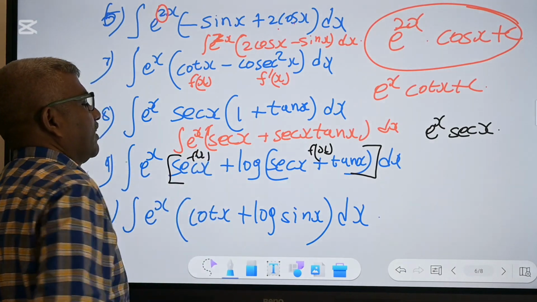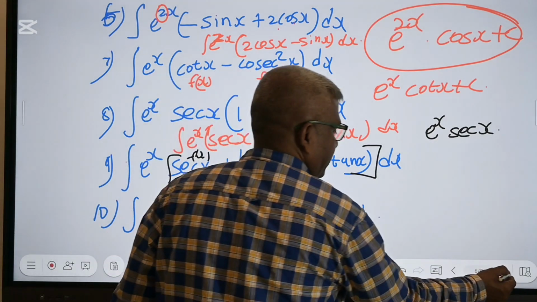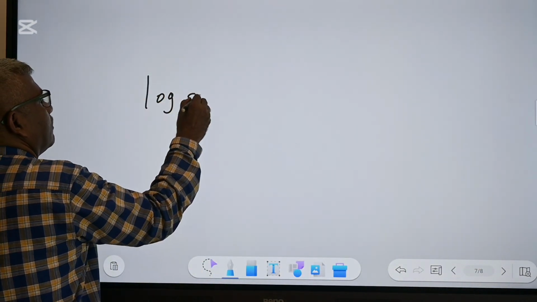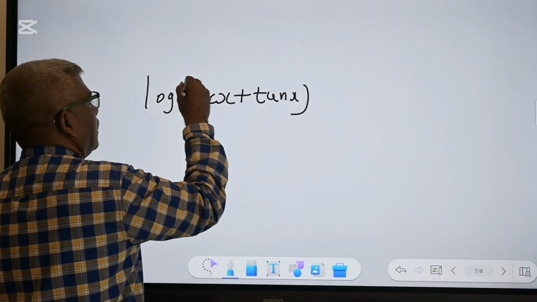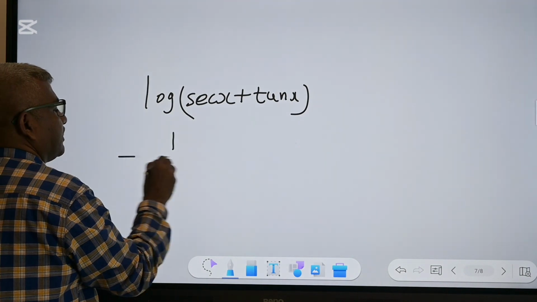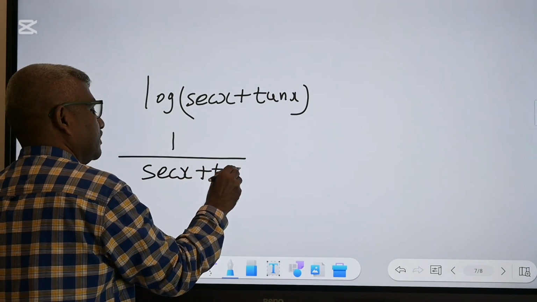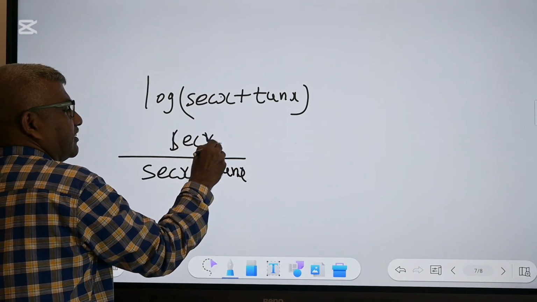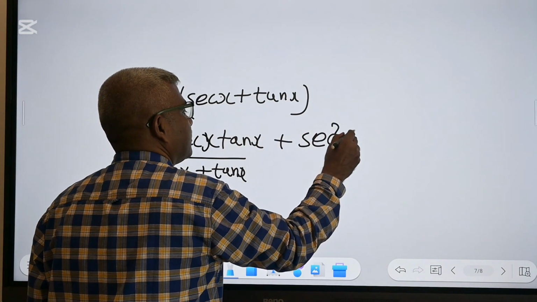Let us see. Log(secant x plus tan x), differentiate: 1 over (secant x plus tan x). Then secant x, if you differentiate, secant x tan x. Right? Tan x, if you differentiate, secant square x.